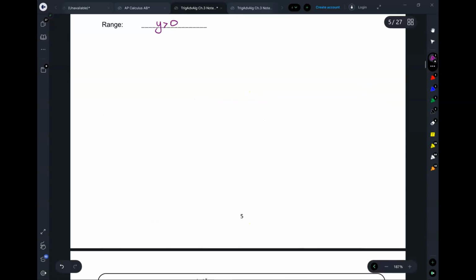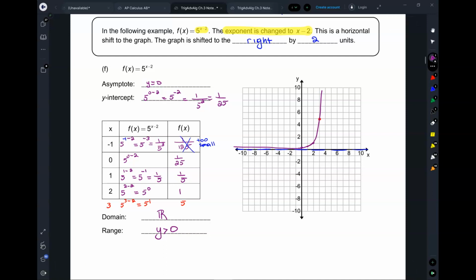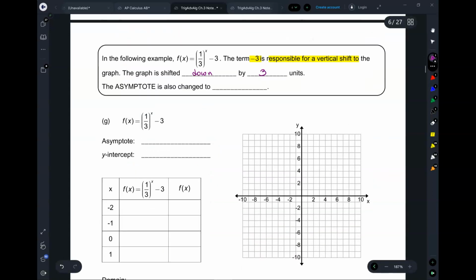But look, if I shift this graph down 3 units, the graph is attached to the asymptote. So the asymptote will also shift down 3 units. Nisan, you with me? So the new asymptote here will be y equals negative 3.